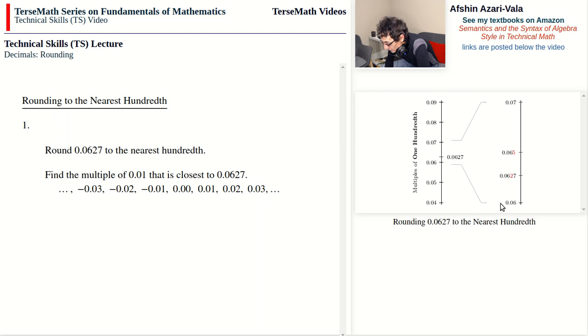And then we take a look at how it compares to the 5 that follows. Now we are rounding to the nearest hundredth. And that would be pretty much the distance, that's the hundredth from top to bottom here. And what we can do is divide this into 10 parts, and then we get 0.061, 0.062, 0.063, and so on.